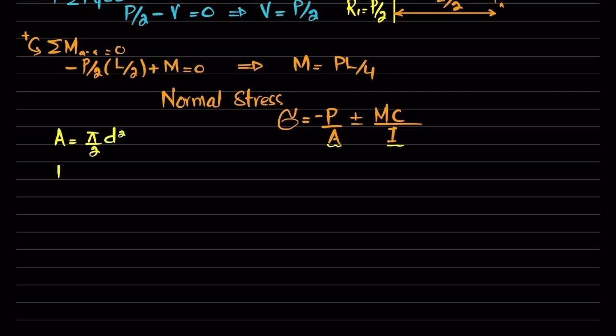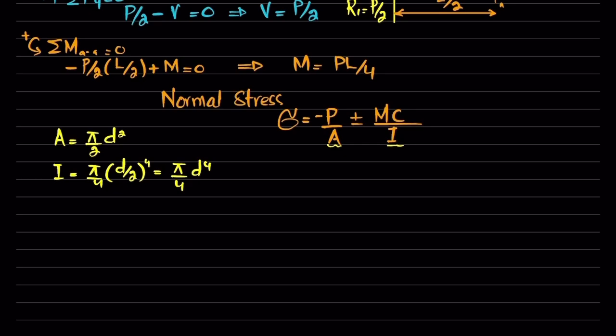And the second moment of inertia for this circular shaft is equal to pi by 4 C power 4, and C is the radius, so radius is equal to diameter divided by 2, or it can be also equal to pi by 64 D power 4.